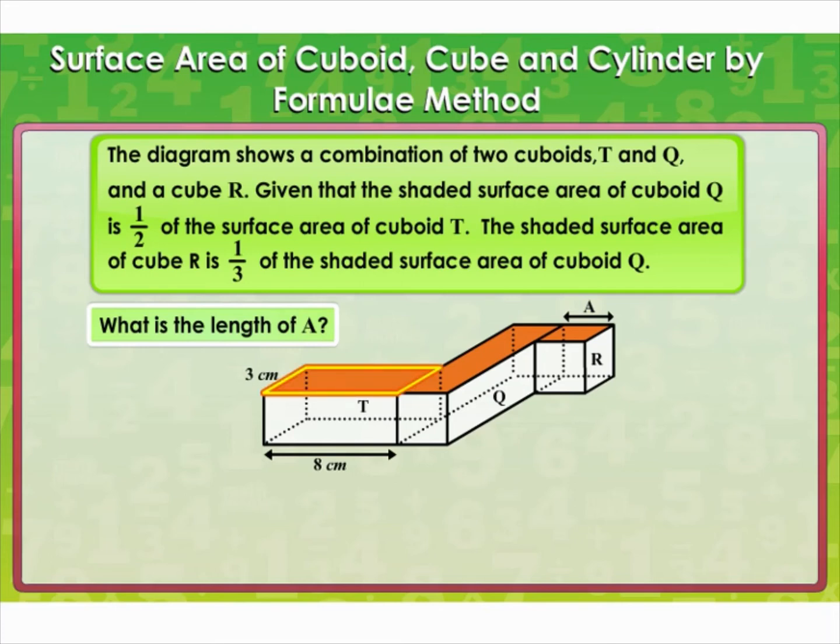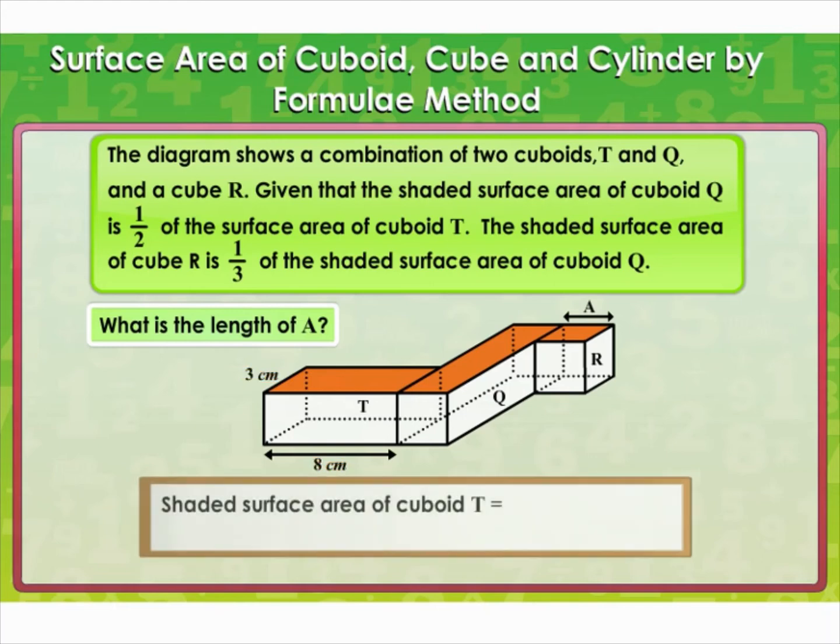Let us start by finding the shaded surface area of cuboid T. Cuboid T has a shaded face of dimensions 3 centimeters and 8 centimeters, which means the area of the shaded region is 3 centimeters times 8 centimeters, which gives us 24 square centimeters.